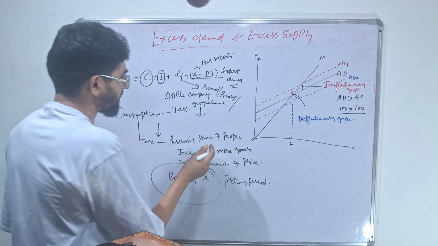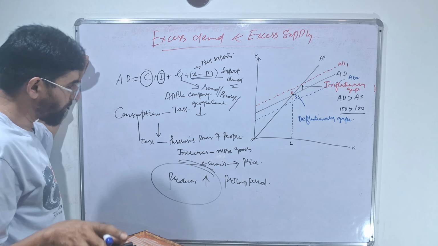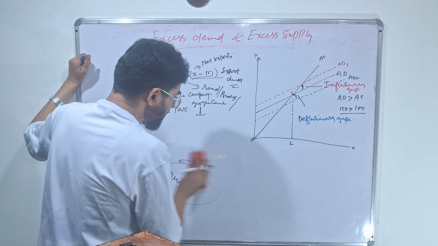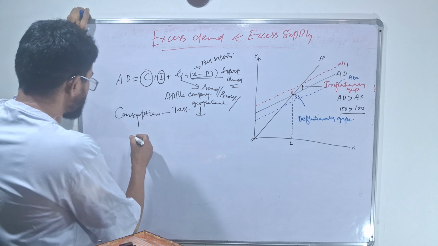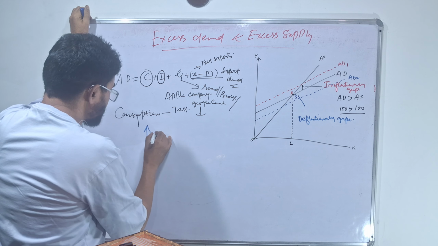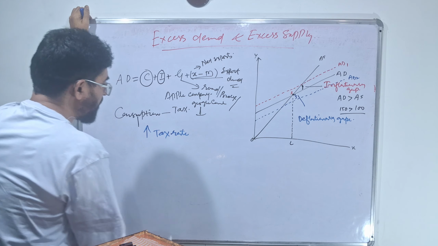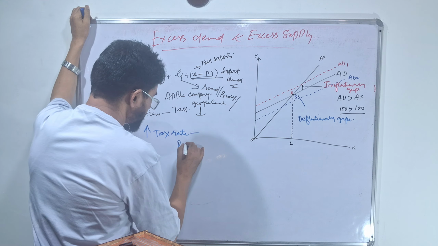Or we can also say it like this. For example, I am giving this example here for you. In case of an inflationary gap, government raises tax, but when deflation happens, government will increase its tax rate. When government raises its tax rate, definitely it will decline the purchasing power of the public.